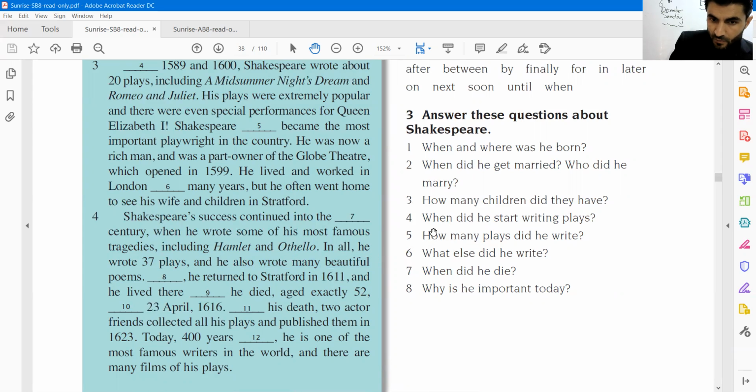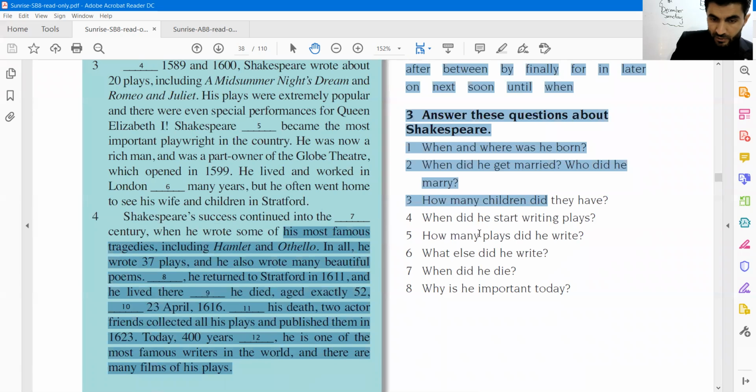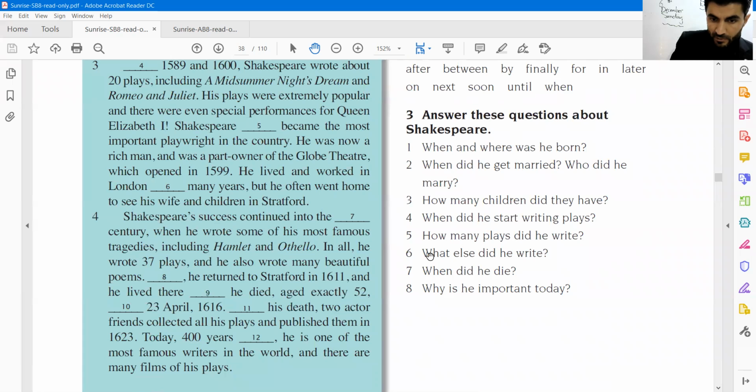So this is the answer for question number 6. Okay, what about number 5? How many plays did he write? Well, he wrote 37 plays. So this is the answer to question number 5. And number 6, what else did he write? Well, he wrote many beautiful poems.